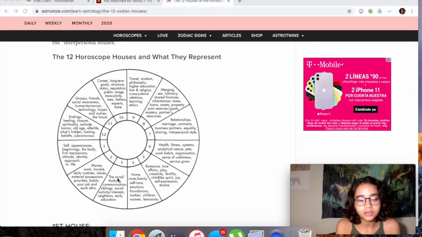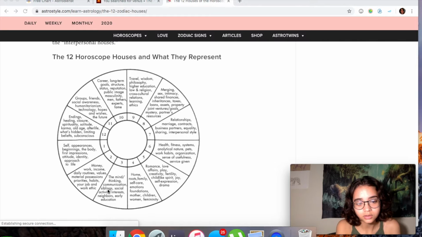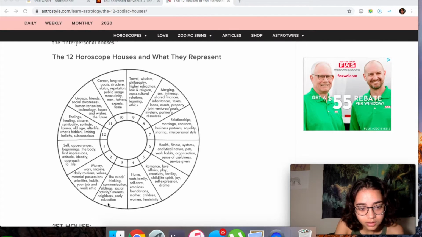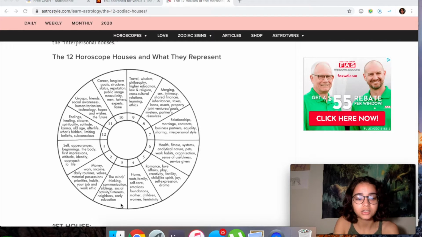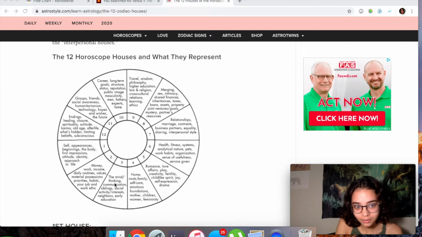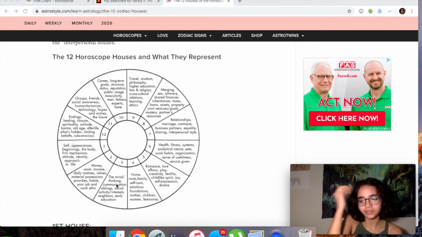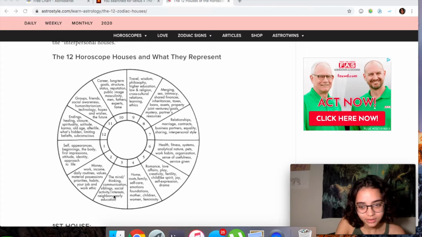And so the third house here, the mind, thinking, communication, siblings, social activity, interest, neighbors, early education. Third sign is Gemini. The mind, thinking. Gemini is always thinking, like always generating different thoughts at the same time.